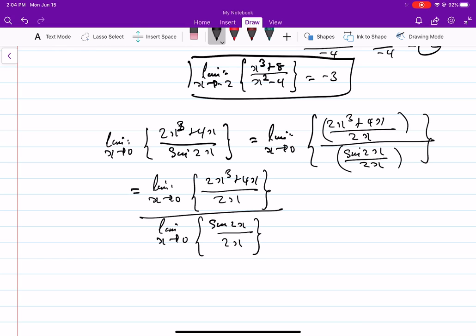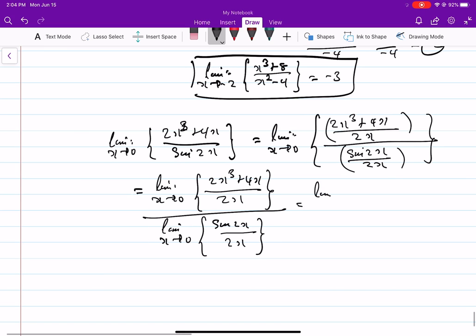In my numerator, I can factor out a 2x and cancel out with the 2x on the bottom. So 2x comes out. What's left inside? x squared plus 2, I think. Double check: 2x cubed, and 2 twos are 4x. Yes.